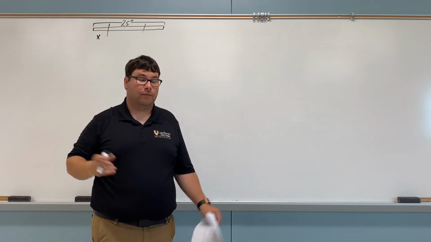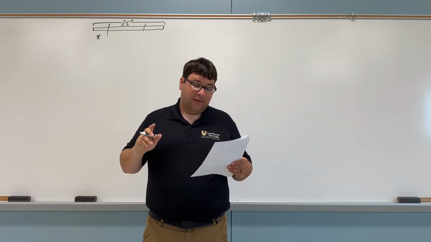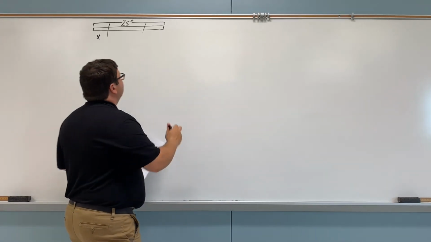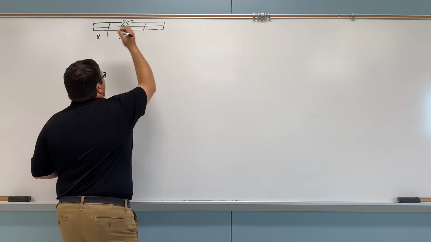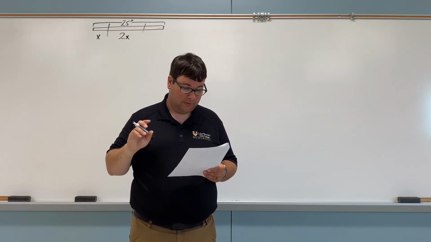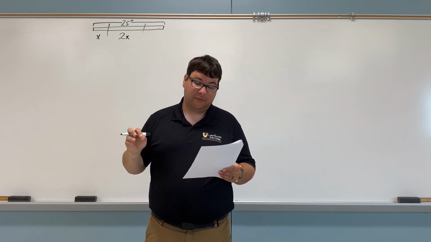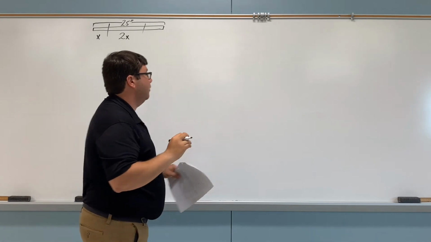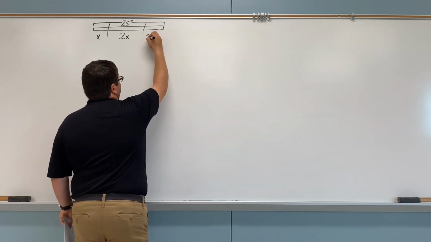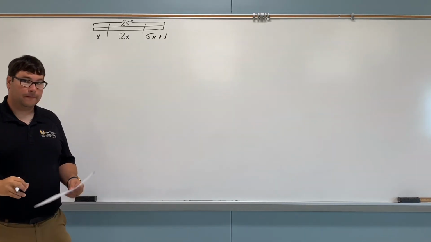But we do know that the second piece is twice as long as the first. And we know that the third piece is 1 inch more than 5 times the length of the first piece. Excellent.